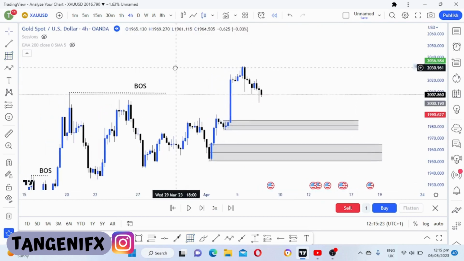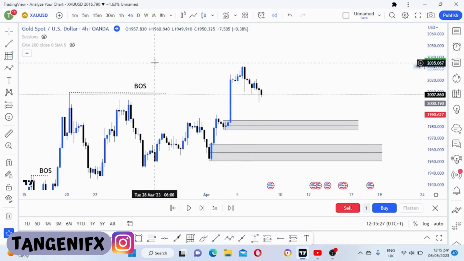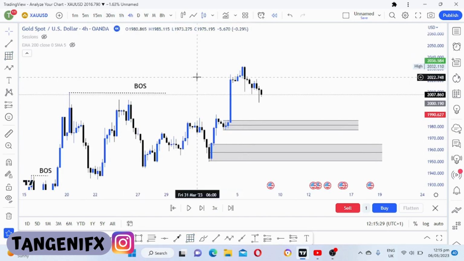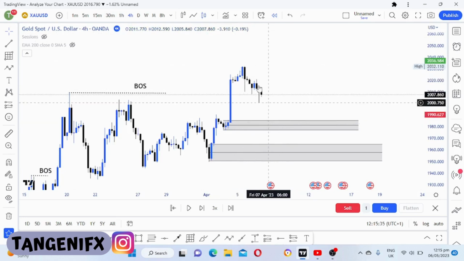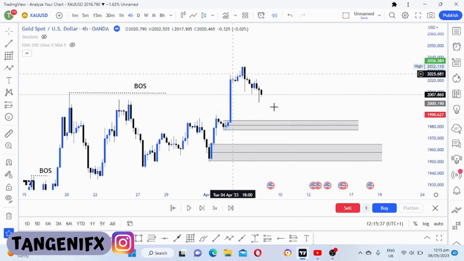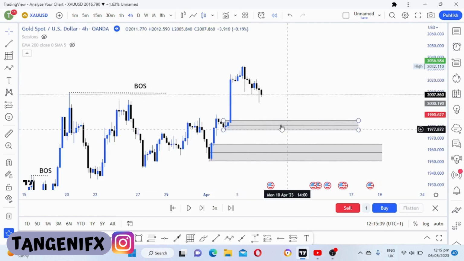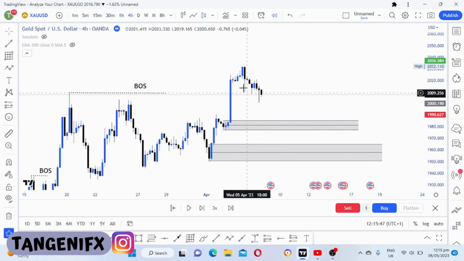As for now, in a lower time frame, guys, this is a downtrend, because it's just a pullback. But on a lower time frame, let me say like H1, 30 minutes, M15, M5, M1, it is a downtrend.